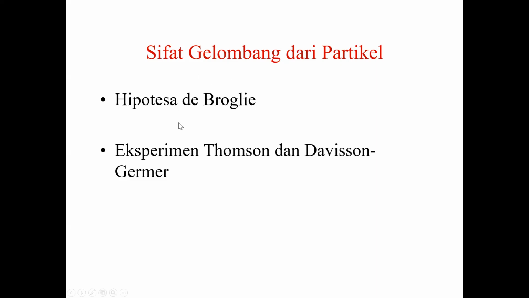Okay. So we have wave-like properties of particles. The first is about de Broglie's hypothesis, and then the experiments of Thomson and Davisson-Germer. Thomson here is the son of Joseph Thomson. This is George Thomson.